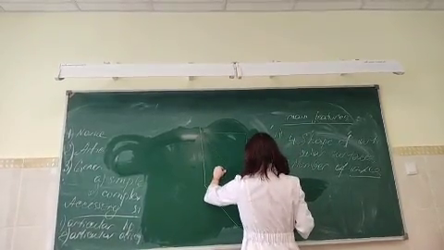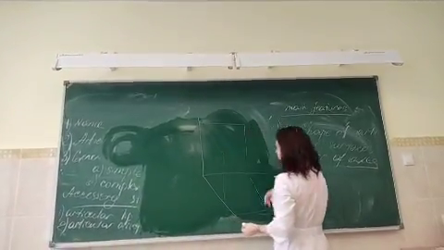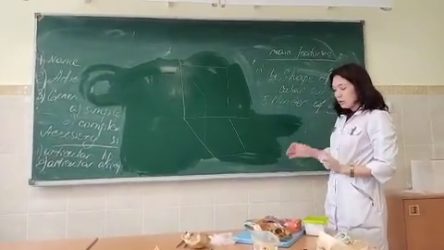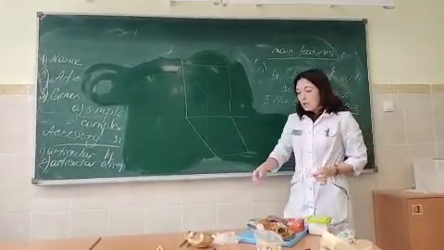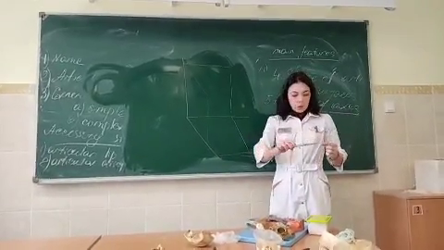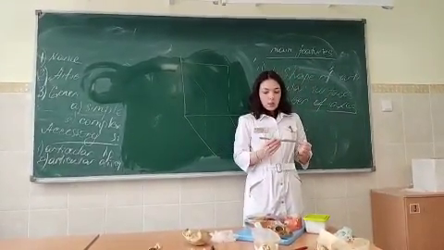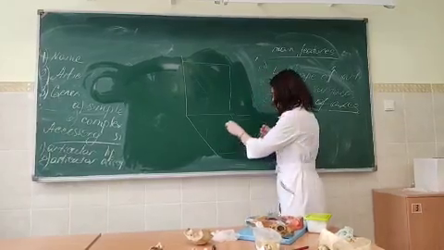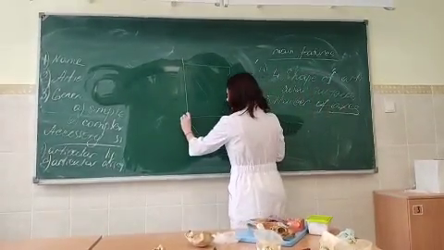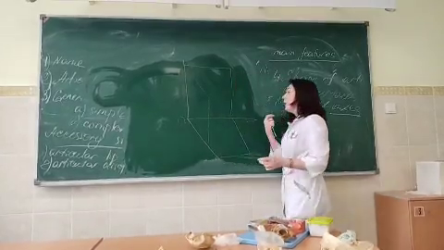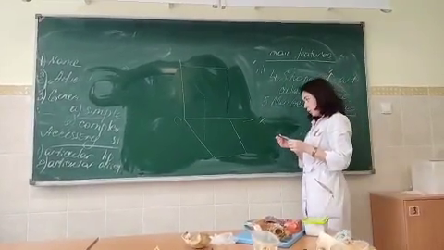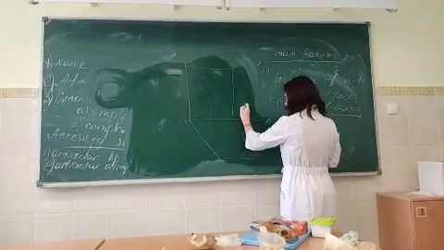And there are also three axes perpendicular to each other. First, this axis, let's say it will be x. This axis is known as the frontal axis. This is the frontal axis.